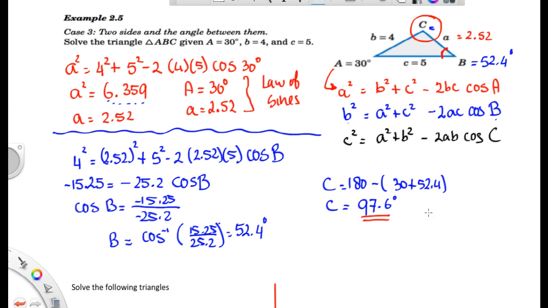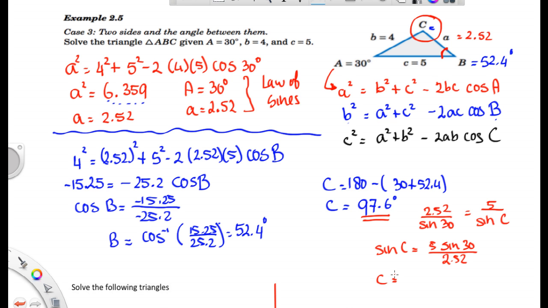So if I had done 2.52 divided by the sine of 30, because that's a over sine a, and then I'm going to use c, 5 over the sine of c, then the sine of c would be 5 times the sine of 30 divided by 2.52, so c would be the inverse sine of that.